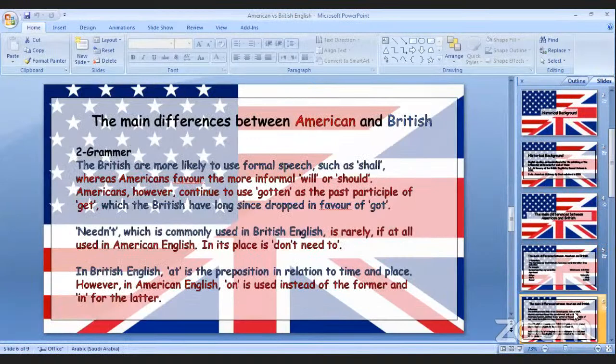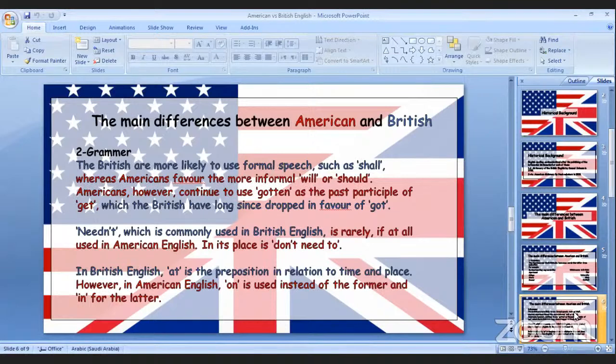The main difference between American and British, two, grammar. The British are more likely to use formal speech, such as shall, whereas Americans favor the more informal will or should. Americans, however, continue to use gotten as the past participle of get, which the British have long since dropped in favor of got.